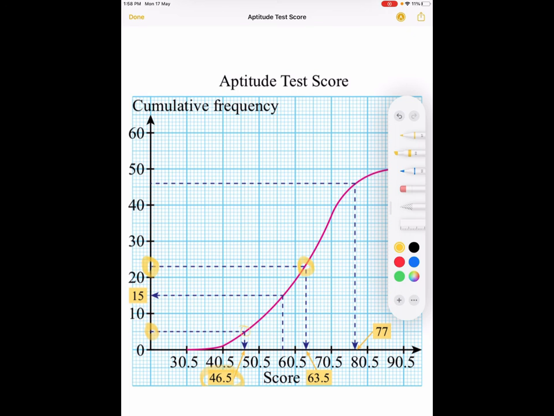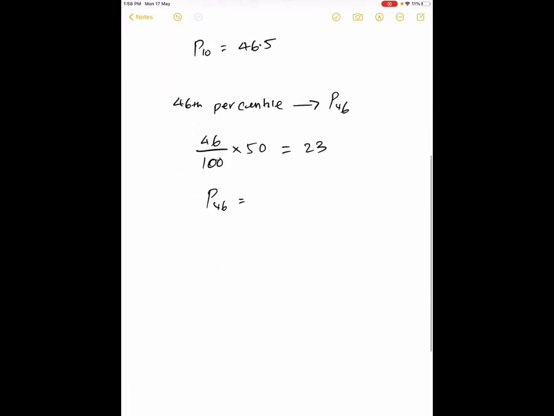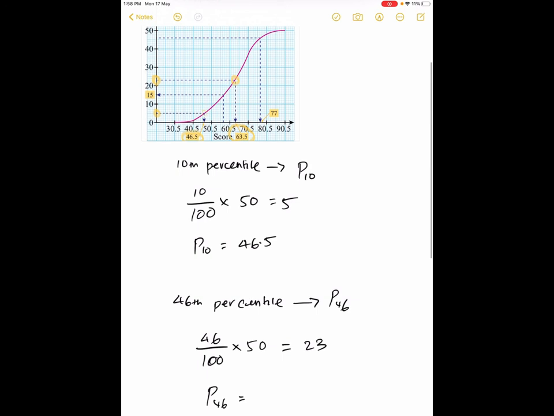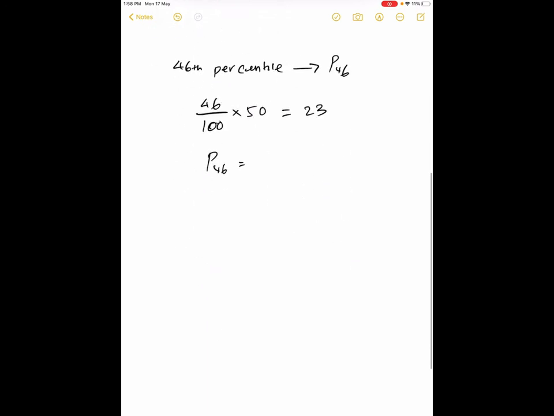We find that the value for the 46th percentile is 63.5.